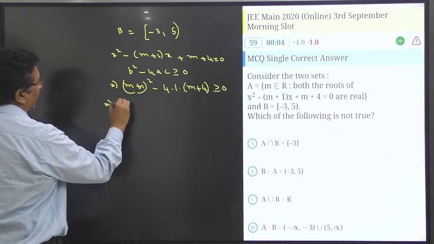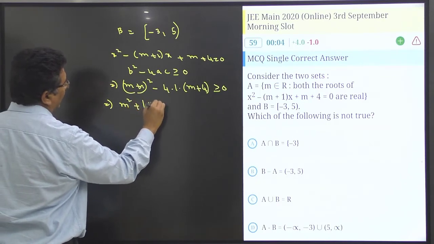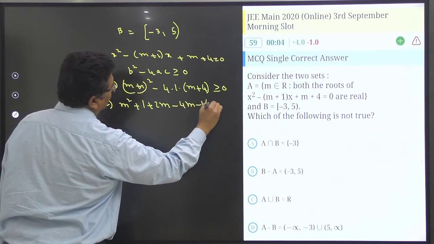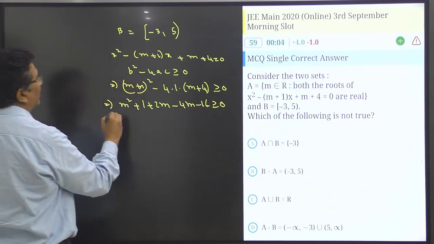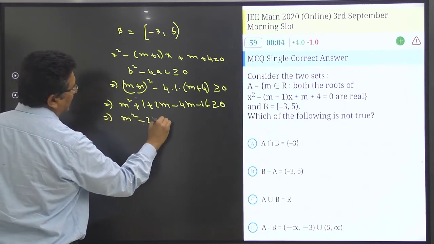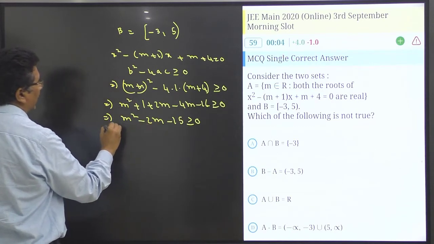That implies m square plus 1 plus 2m minus 4m minus 16 is greater than or equal to 0, so m square minus 2m minus 15 is greater than or equal to 0.